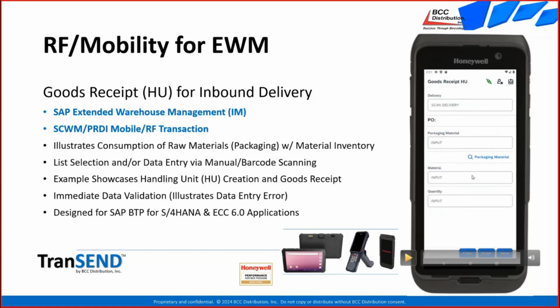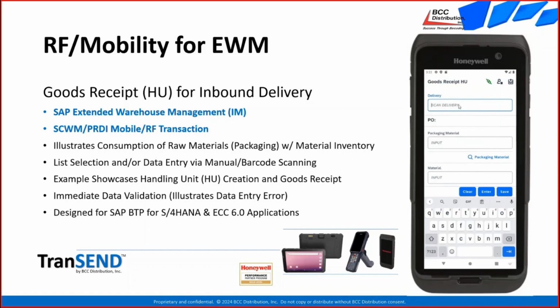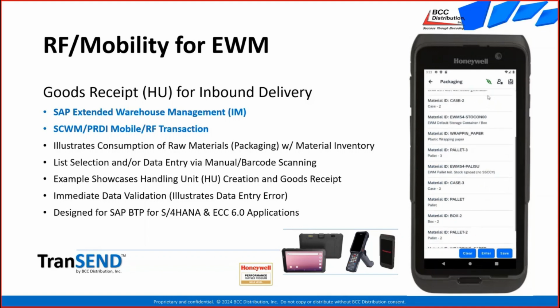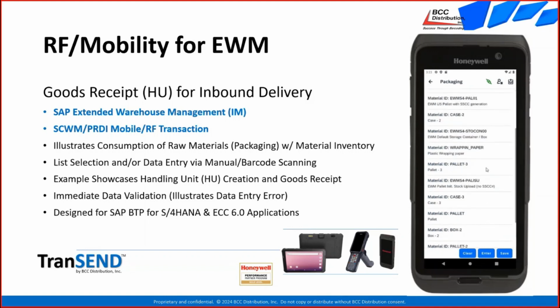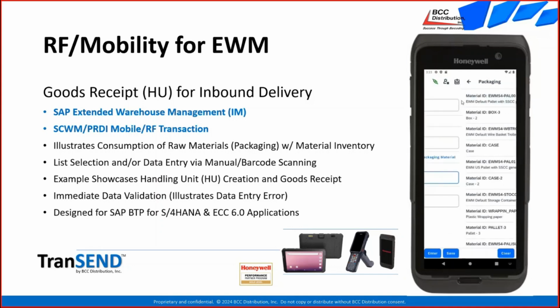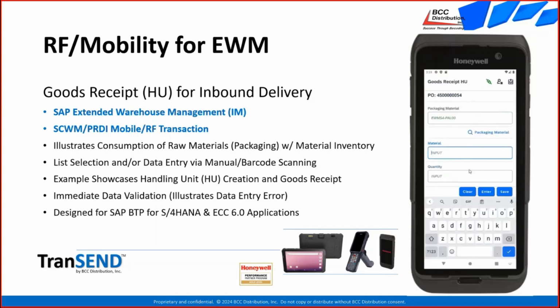So let me start this transaction, which is running on a Honeywell device, just to give us a flavor for a different type of technology. So first thing we do is we have to scan or enter the delivery number. Ideally, we would want to scan this, but sometimes those delivery numbers don't actually have a barcode, so we have to enter them. We are selecting from a list, in this case, the packaging materials that we're actually going to apply to prepare this handling unit.